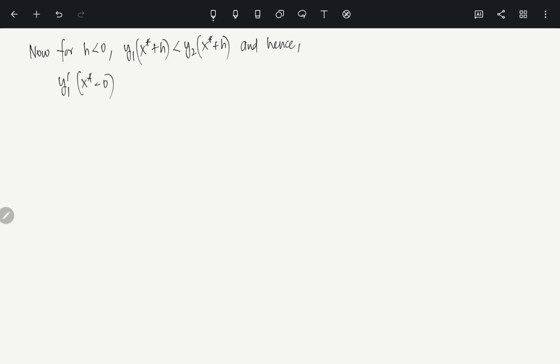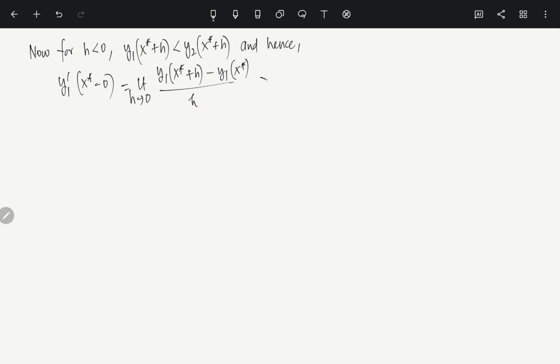If I am approaching y1 prime from the left of x star, that will be given by the limit as h tends to 0 of y1 of x star plus h minus y1 of x star, over h, right?